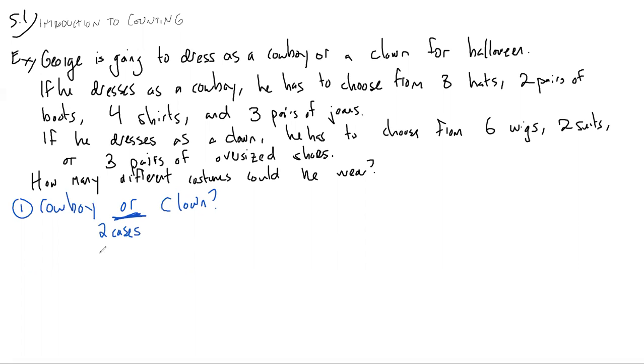And so case 1 is going to be the cowboy. Maybe I'll actually write that in black. Yeah, so if he chooses the cowboy, then what he's got to do now is pick these 4 items that he's going to put in his collection.